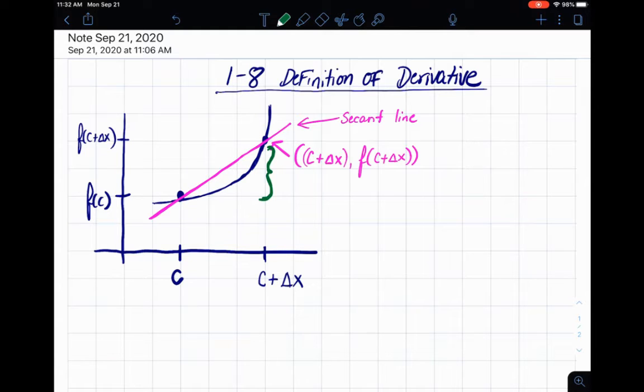The y values, right? Okay? So if I know f of c plus delta x is that whole distance, and then I know f of c is that gap that I want to get rid of, if I subtract the 2, then I'm going to get that distance here. So we can do f of c plus delta x, and we can subtract f of c from that, and that's going to give us that rise that we have in our problem.